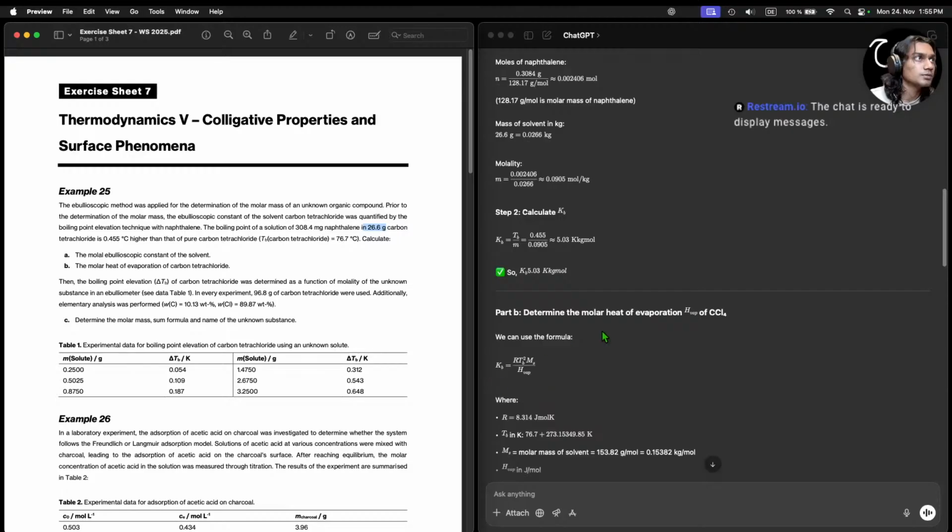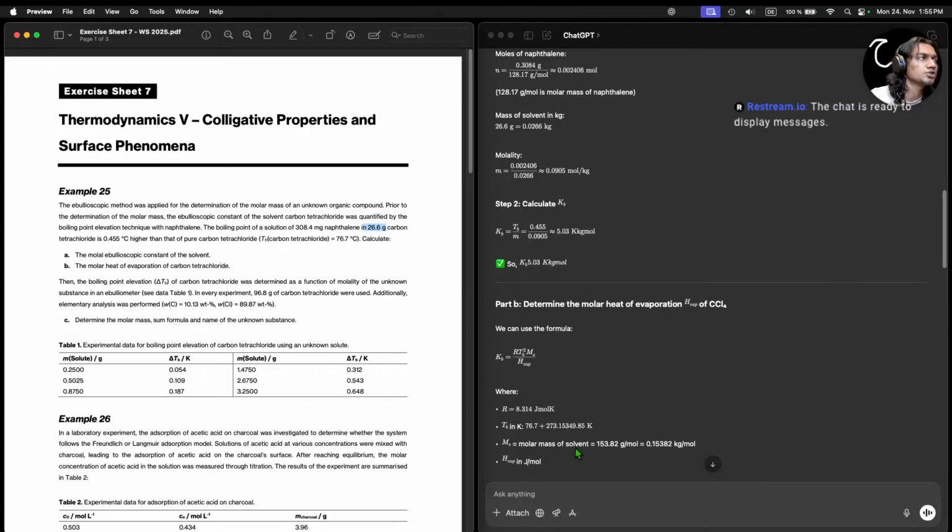Determine the molar heat of evaporation. So this is the formula you're using, where the universal gas constant is multiplied by the boiling point squared, divided by M, the molar mass of the solvent.